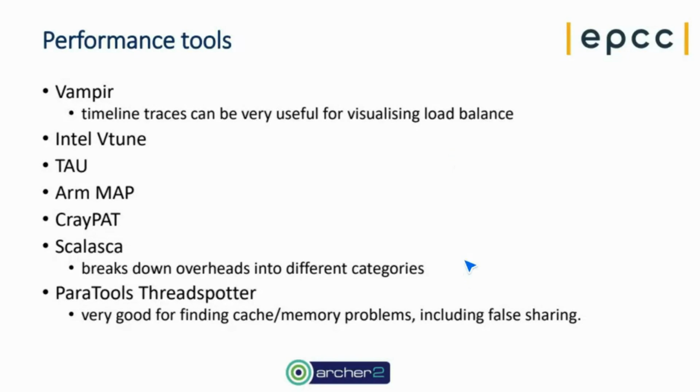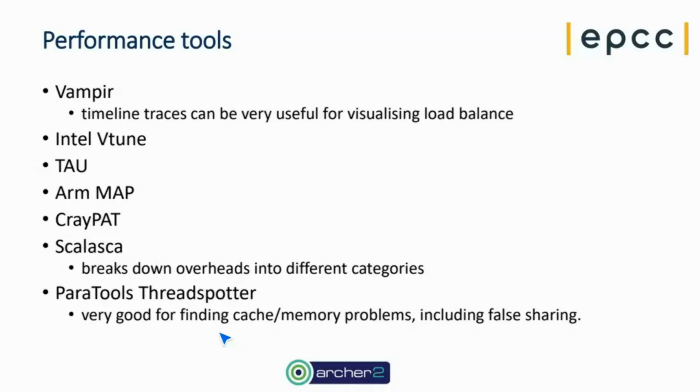If you're just dealing with pure OpenMP code, then this tool at the bottom here, the Power Tools Thread Spotter, is quite interesting. It does something different from conventional tools. It takes a statistical sample of all the memory accesses in the application, and then replays that through a cache simulator.